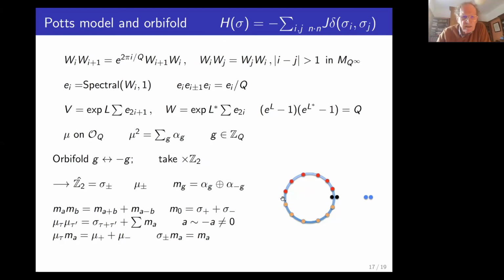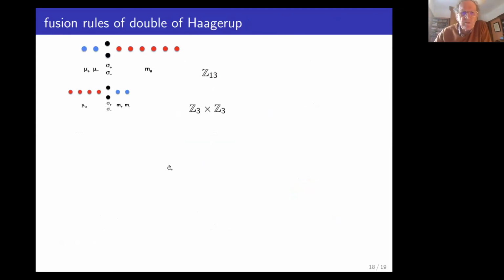But because Q is odd like 13, there's only one fixed point. And so there's only 2 black nodes here. So these fusion rules have this kind of graded Tambara-Yamagami expression here. Okay, so these are what I'd like to use to build up the Haagerup.